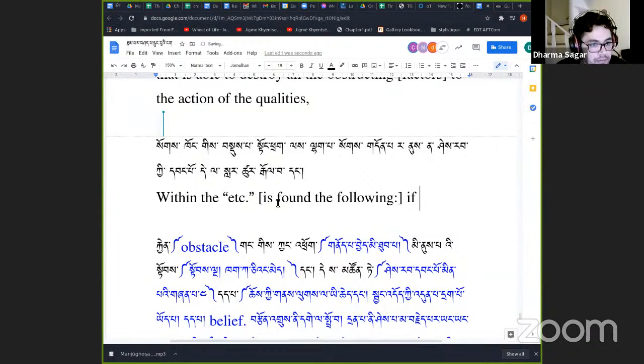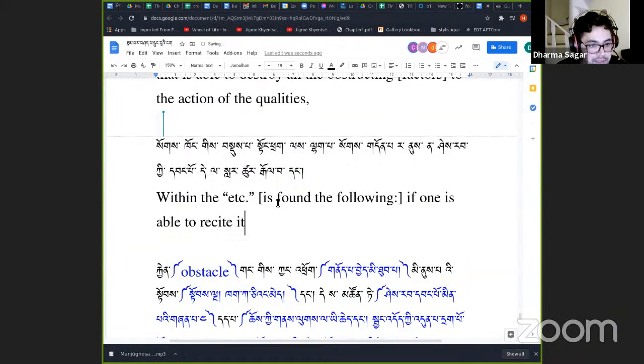If one is able to recite it more than 1,000 times, recite it more than 1,000 times, etc. So we have here etc. again.